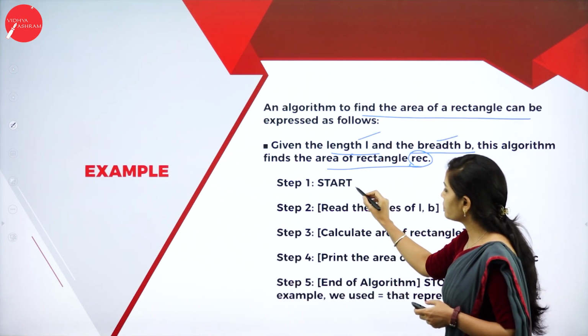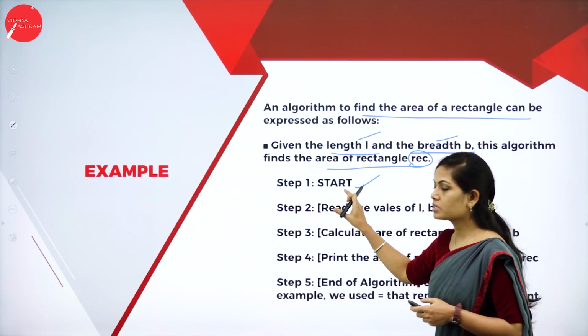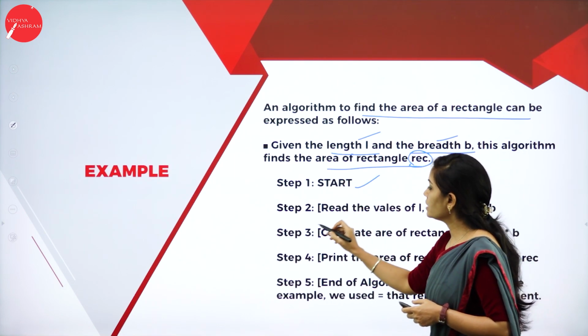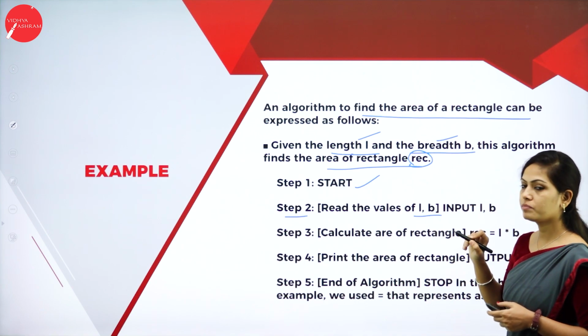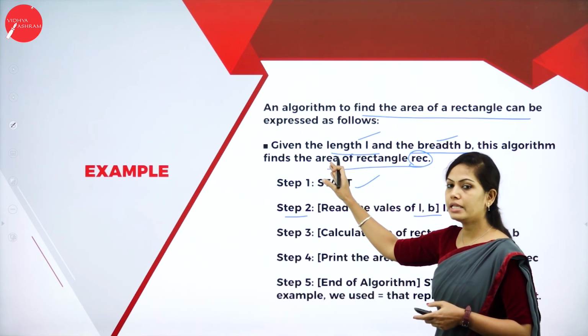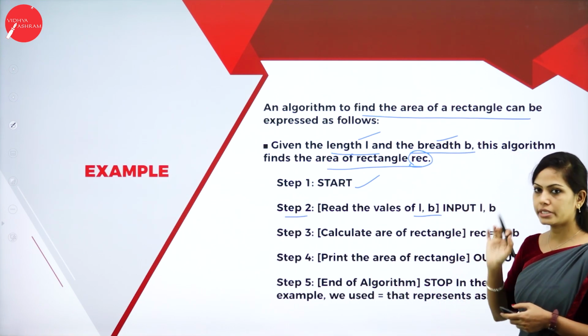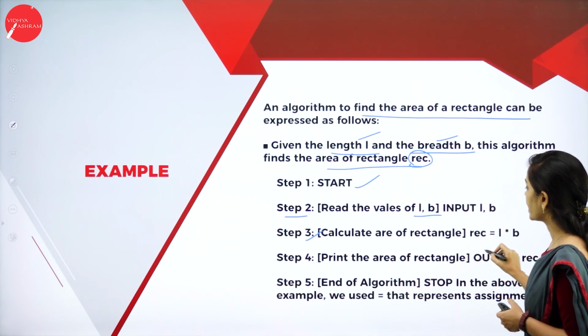Clear? So step 1 should be start. In step 1, we have to use the start. And in step 2, read the values of L and B. So, input data. What are the input data? We can assume here length and breadth is my input data. And the next step is calculate the area of the rectangle.